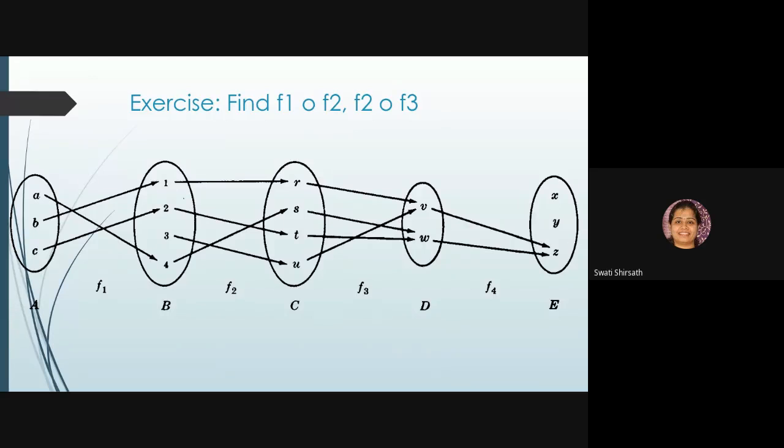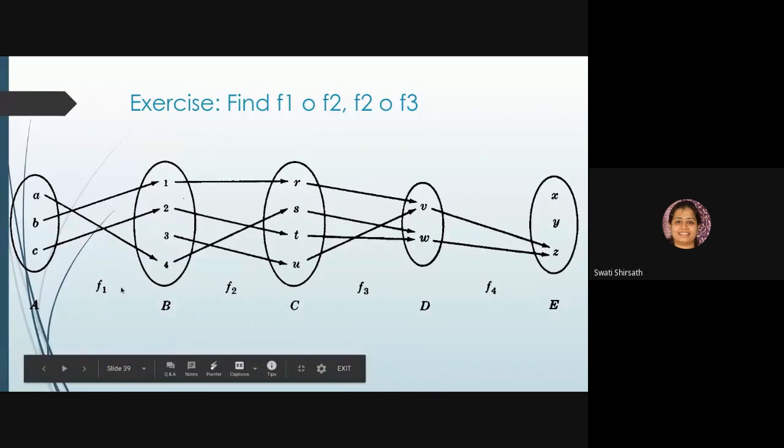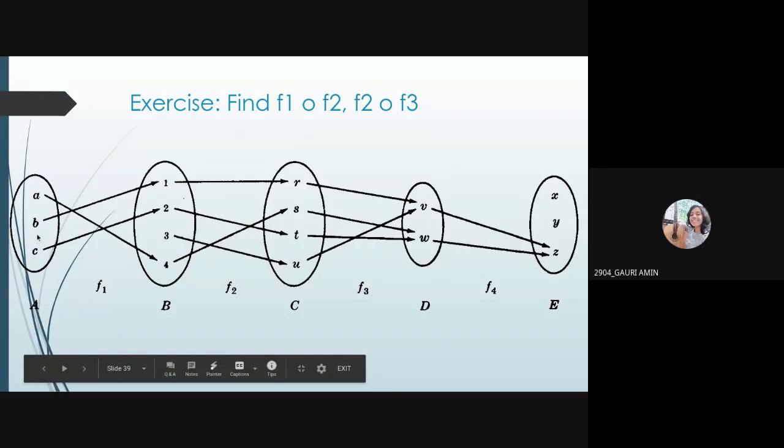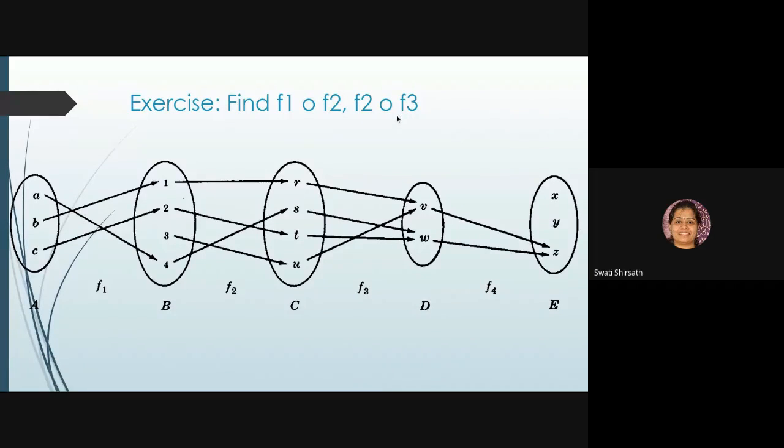Now when you are considering f1 of f2, you'll consider f2 first. So you'll consider 1 to r and look for r to something in f1. Is it possible? Is there r in the domain of f1? No. So this is not possible.